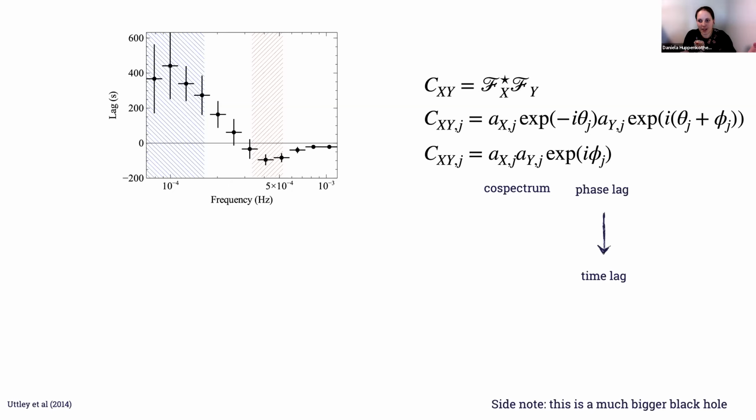What you're seeing here is the frequency, so different time scales, and the lag between emission in the soft band and the hard band, these two different energy ranges that I showed you. And what you can see is that at low frequencies, that lag is positive, and at large frequencies, that lag is negative.